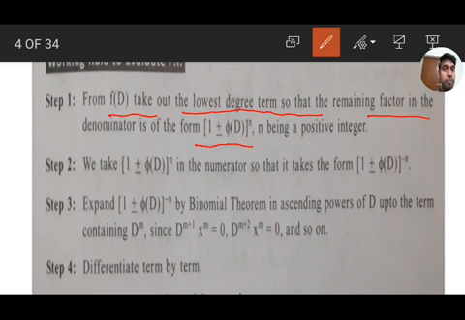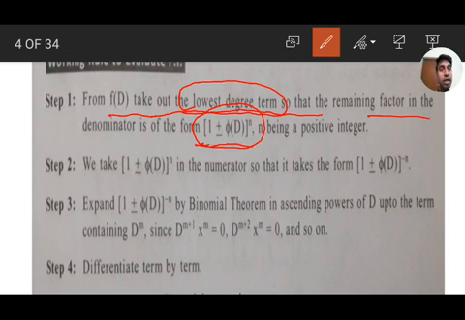In the first step, we need to take the lowest degree term common, take it out. Lowest degree term is common, so that we have to convert the denominator into the form of 1 plus or minus phi of D, whole to the power of n.